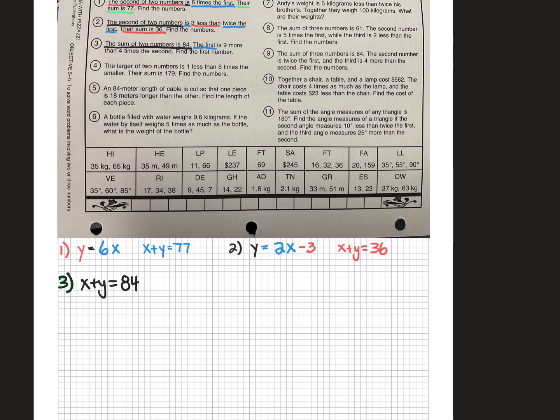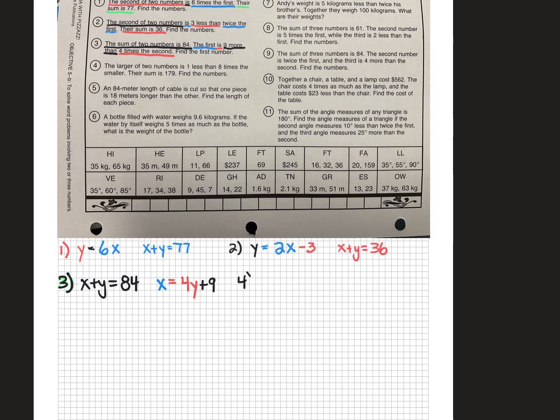Whenever we're talking about the first or the second, usually I say the first is x. x is equals, that's what that means. Then we have 9 more than, which just means we're adding 9 to something. And what is it 9 more than? 4 times the second number, or 4 times y. All right, done with 3.